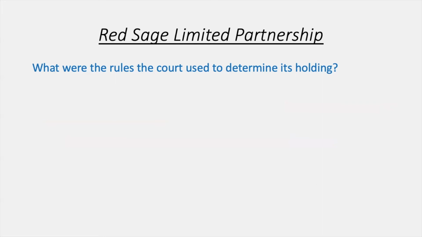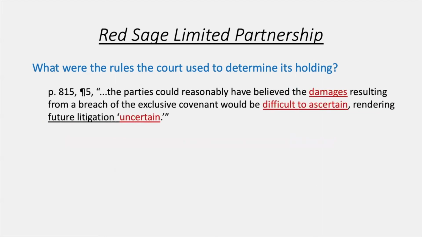The other rule the court used was on page 815. It stated that parties could reasonably have believed the damages resulting from the breach of an exclusive covenant would be difficult to ascertain, rendering future litigation uncertain. And that means liquidated damage clauses are only really enforced or appropriate when you're unsure what your damages will be if someone breaches that clause or that contract.